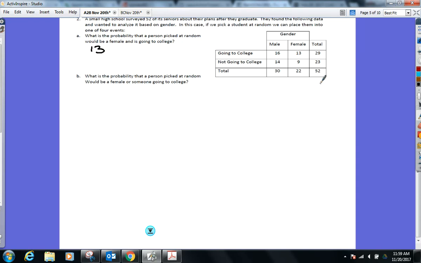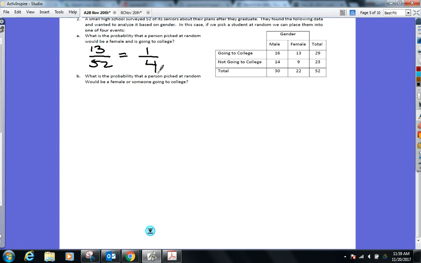It says picking a random person, so out of 52. 13 out of 52. And you know how I roll, I always like to reduce if I can. 1/4.